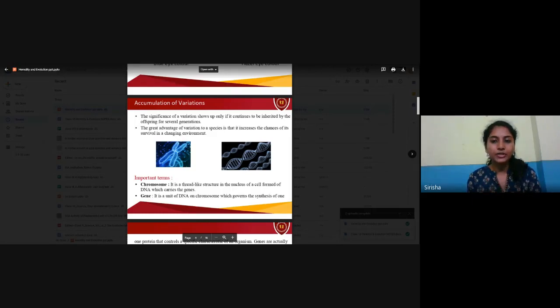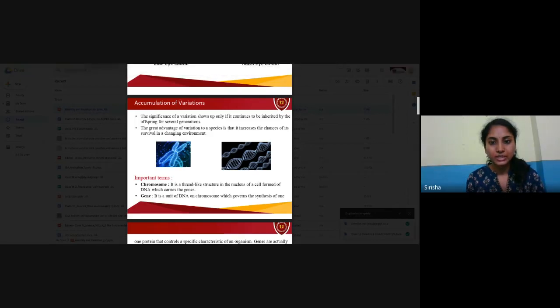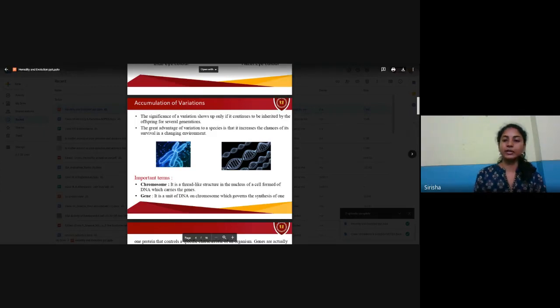That means it withstood all the adverse conditions, so it has some chance to survive in the coming generations. That is why it has some significance. The great advantage of variation to a species is that it increases the chances of its survival in a changing environment. As you all know, the weather conditions keep changing from one generation to another.